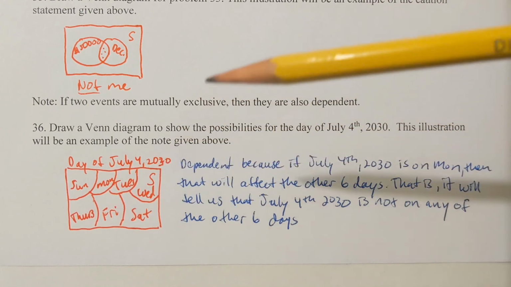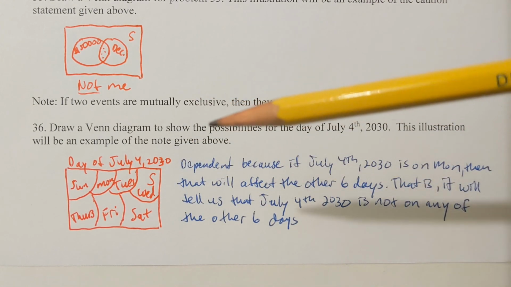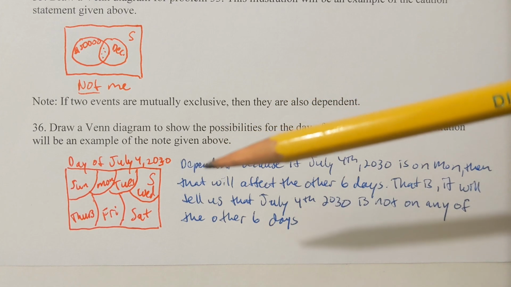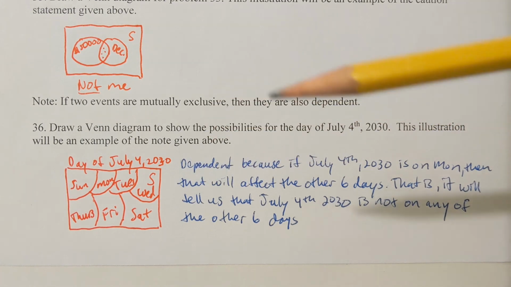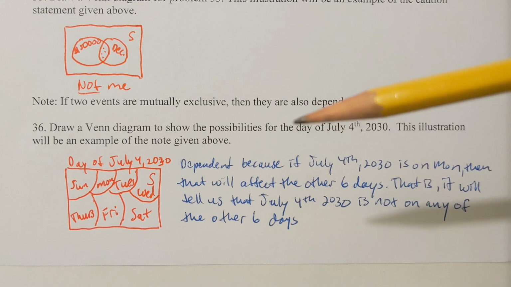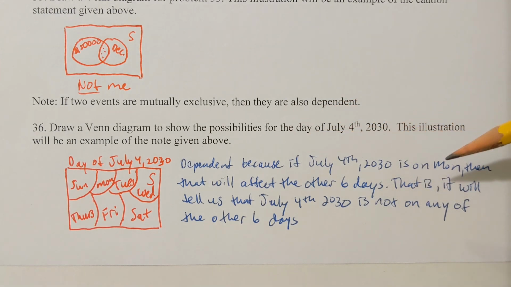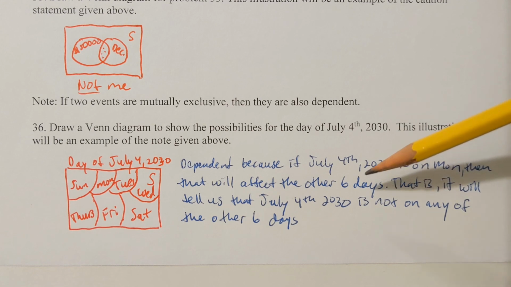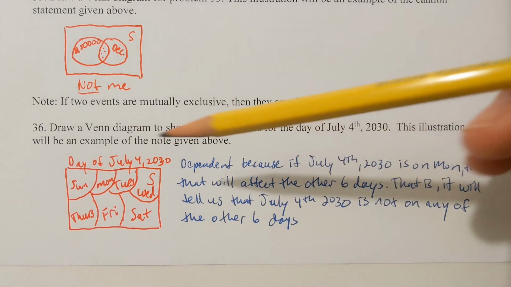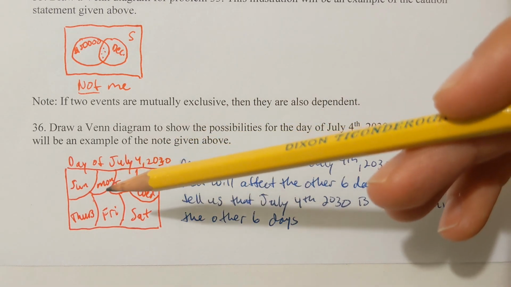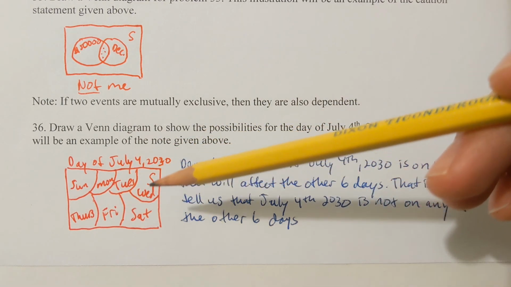Now why is this dependent? Well, if July 4th, 2030 is on a Monday, then that will affect the other 6 days. That has a direct effect over July 4th falling on Thursday or Friday or something like that.